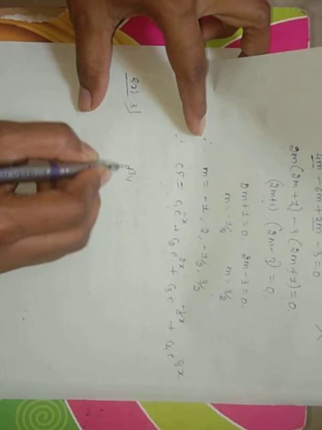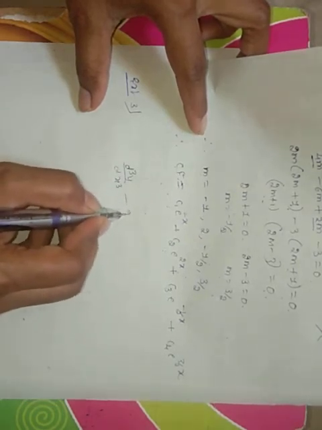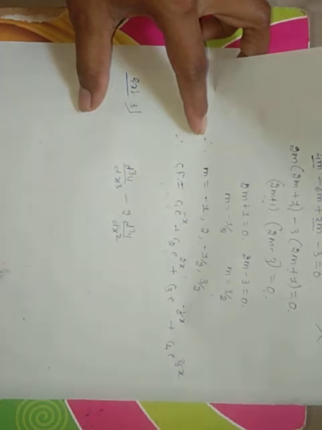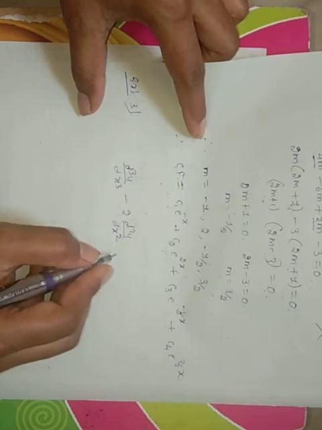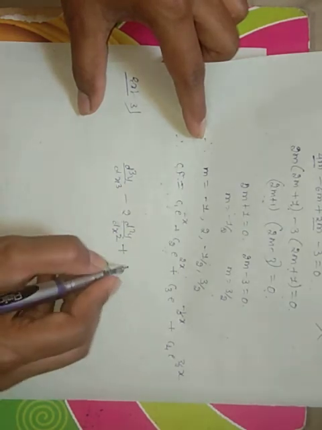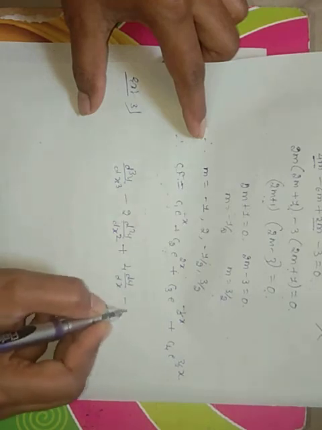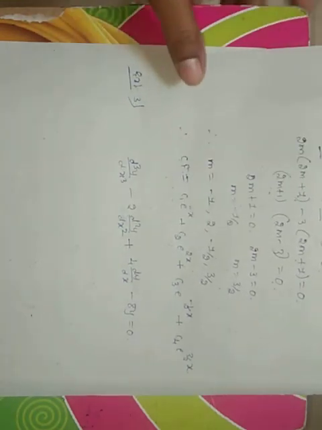d cube y by dx cube minus 2d square y by dx square plus 4dy by dx minus 8y equal to 0.